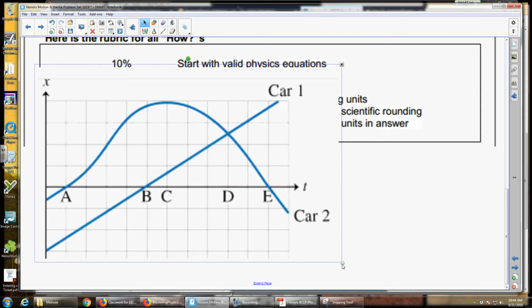There it is. I think I'm waiting for my computer to catch up to me now.